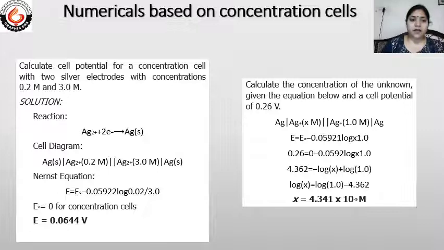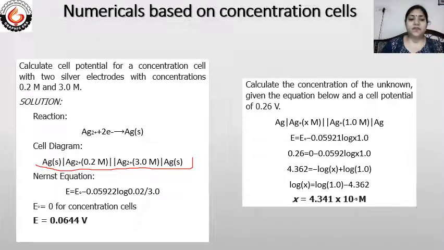Then the cell diagram. As we know, on the left side we always write the low concentration and on the right side the high concentration, because low concentration will act as anode and high concentration will act as cathode. So this one is the concentration cell diagram.